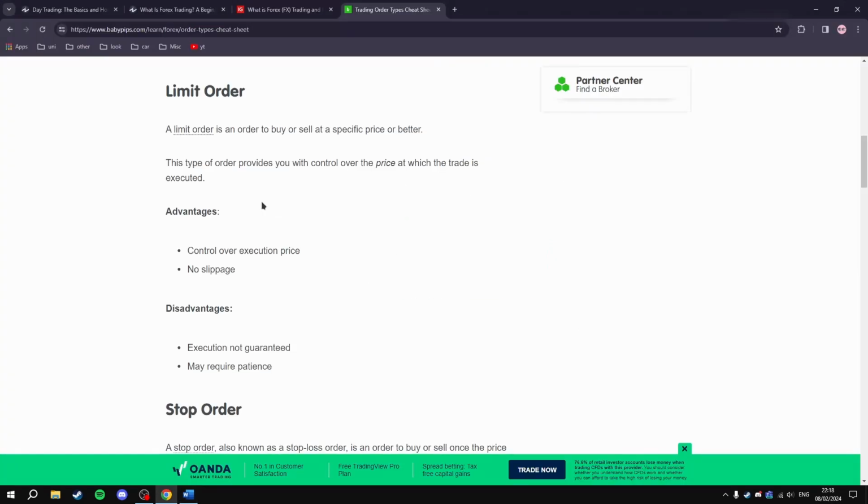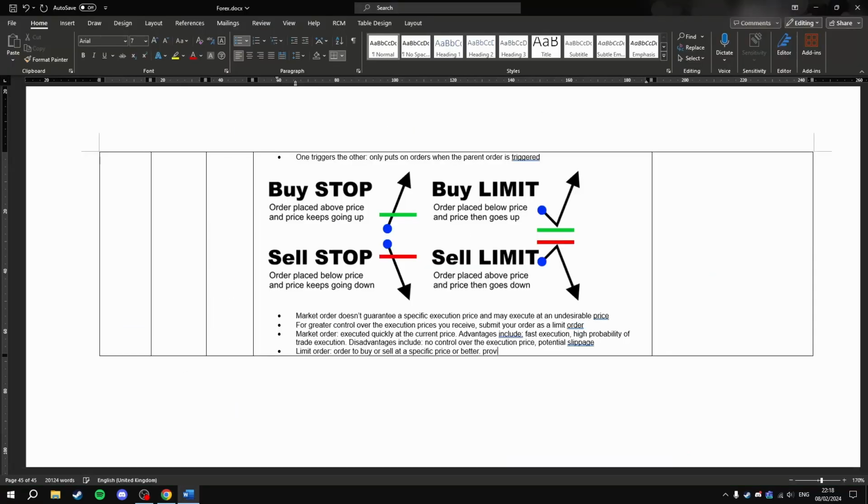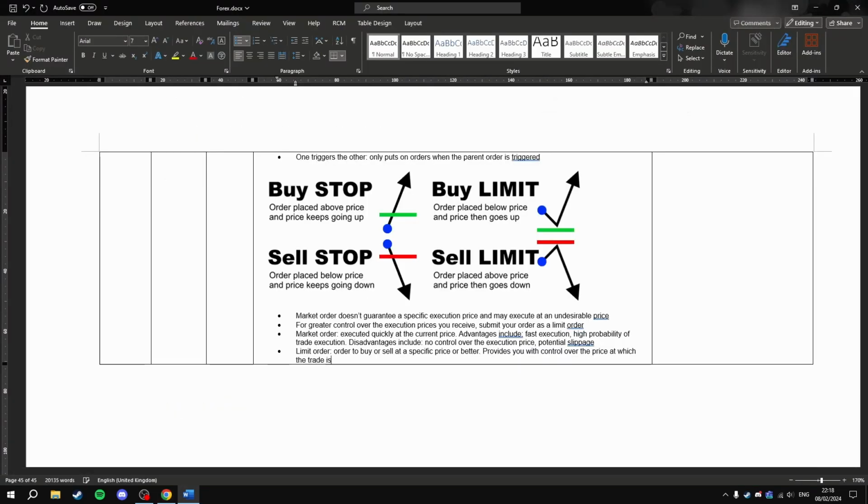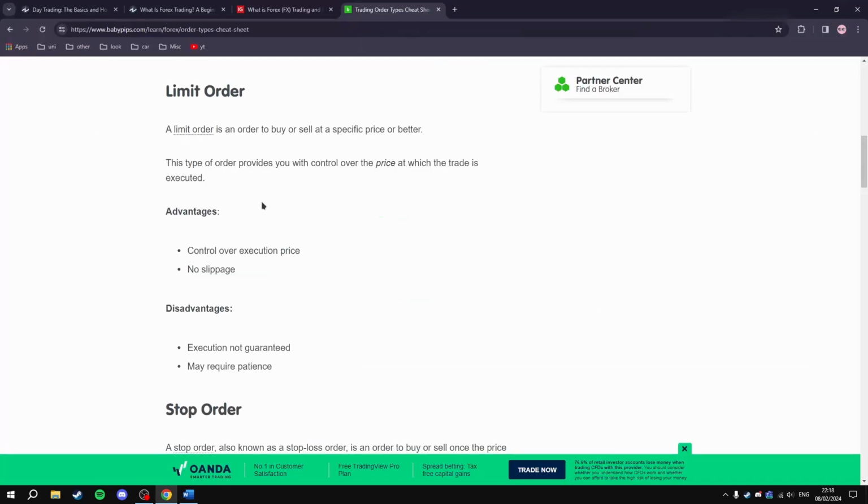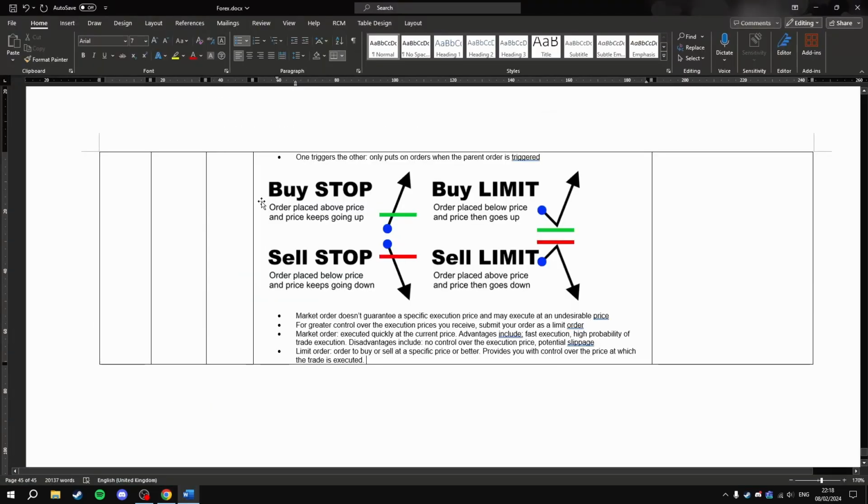This type of order provides you with control over the price at which the trade is executed. Advantages: control over execution price, no slippage.